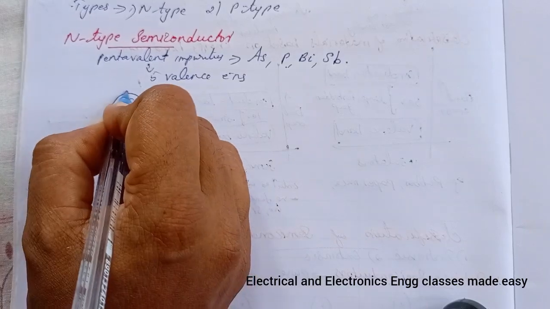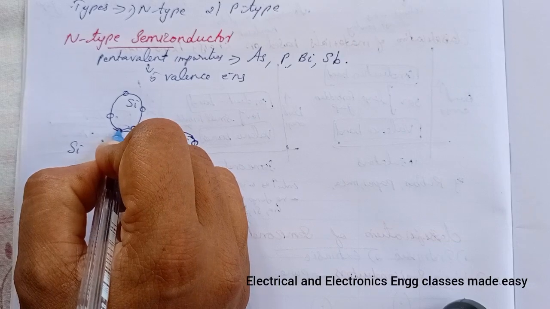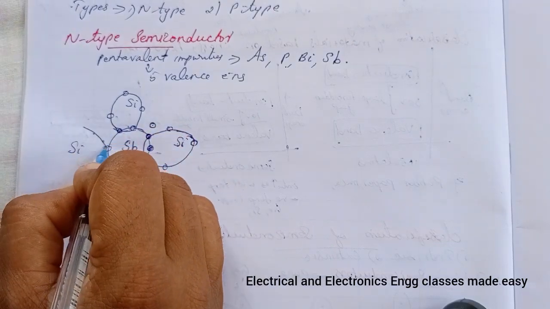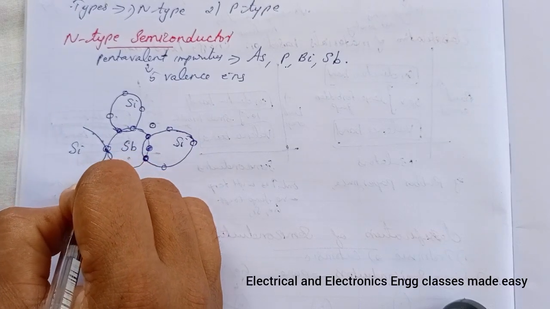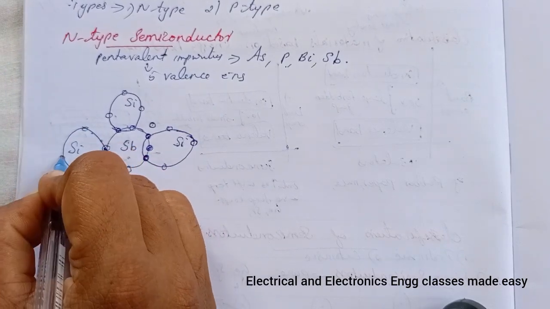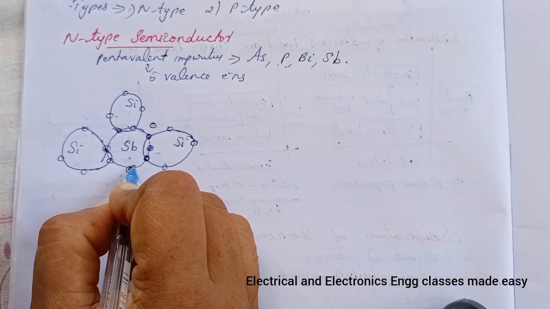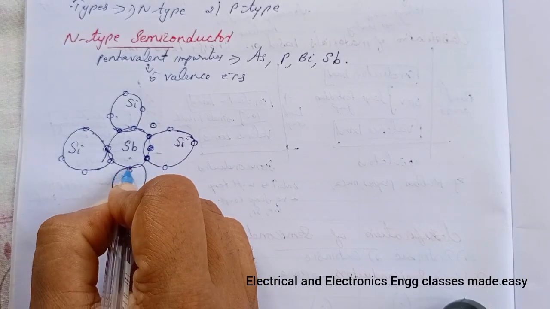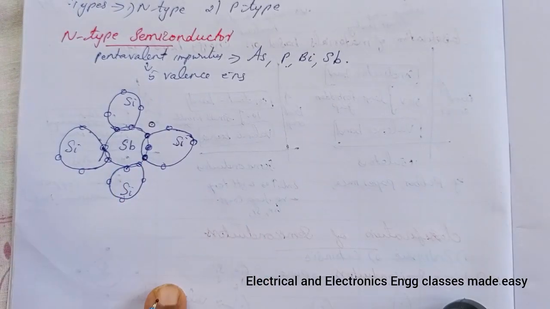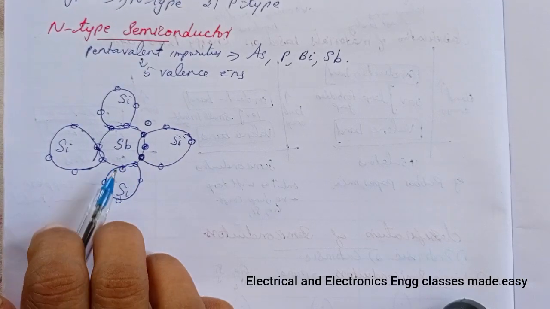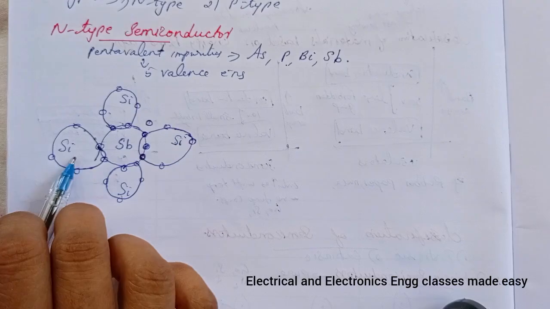Silicon has 4 valence electrons, so one will be here, and here also. In this way it makes covalent bonds with the neighboring silicon atoms.